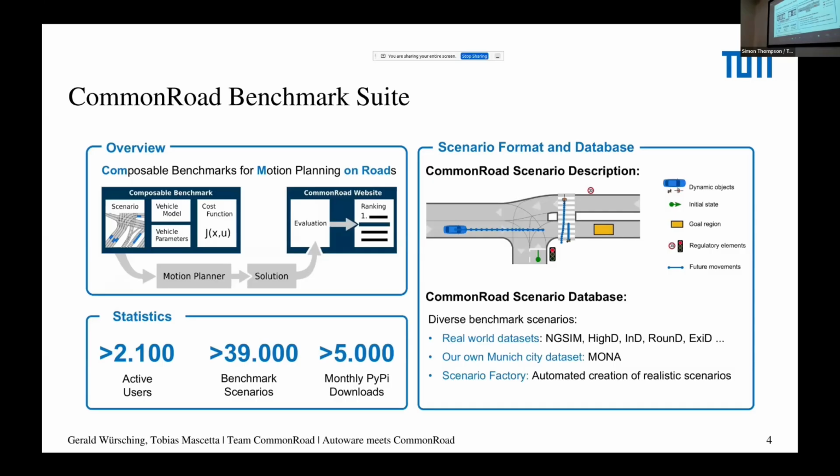We have a lot of simulated scenarios from our scenario factory, but we also have a lot of real-world datasets and dataset converters, for example, to the entirety of the highD dataset that you may know from your own papers, and our own dataset from Munich. So there's a very broad database you can rely on, and we have a lot of active users, mostly from the research community, and everything is installable via PyPI, which might be useful to you as a researcher.